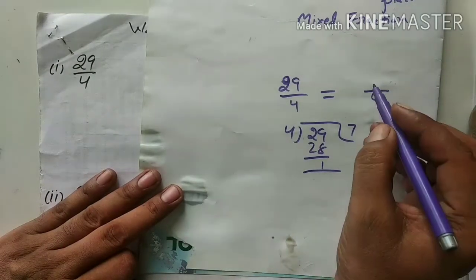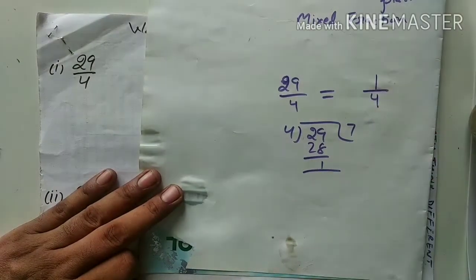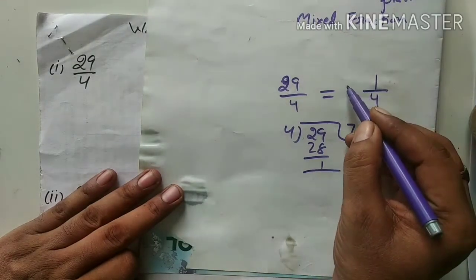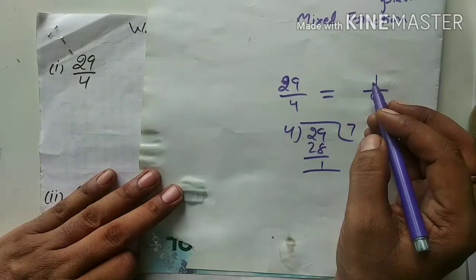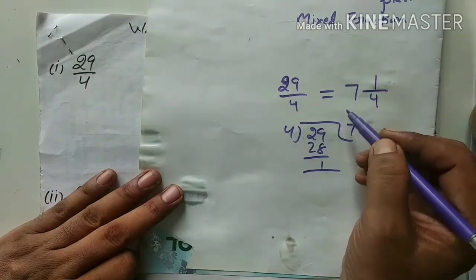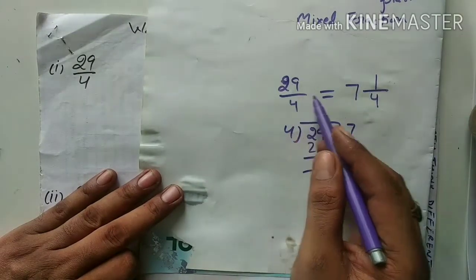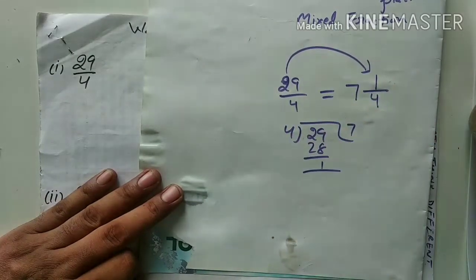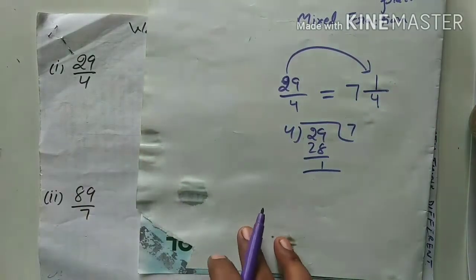The remainder you will write in the place of the numerator, and the quotient, the complete number, you will write in the middle. In this way you can convert an improper fraction to a mixed fraction. Okay student?